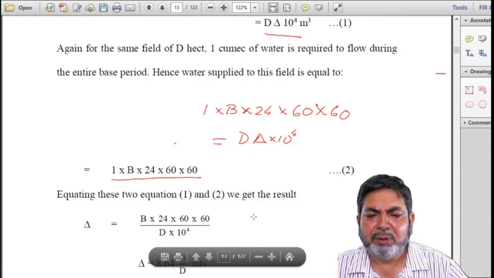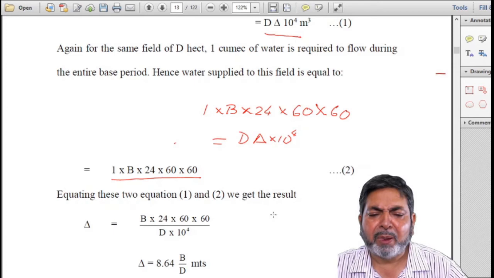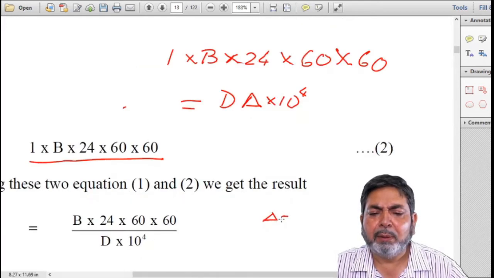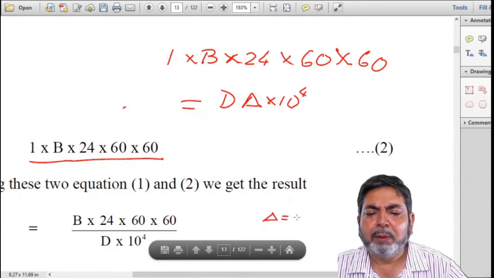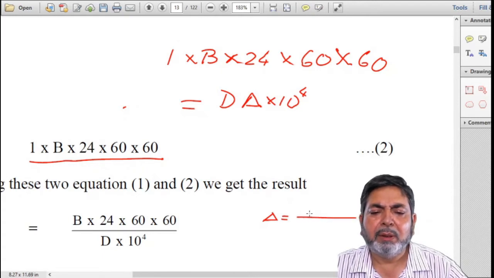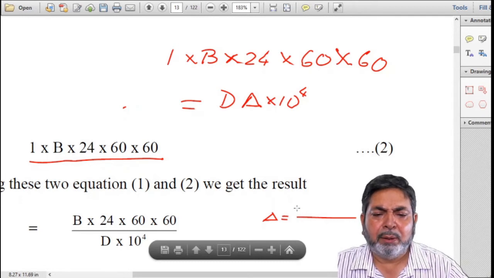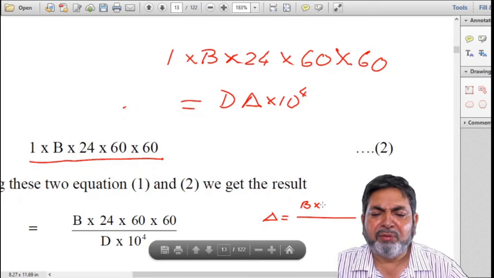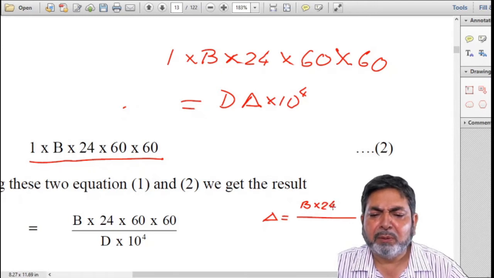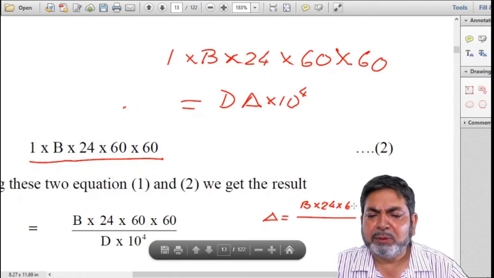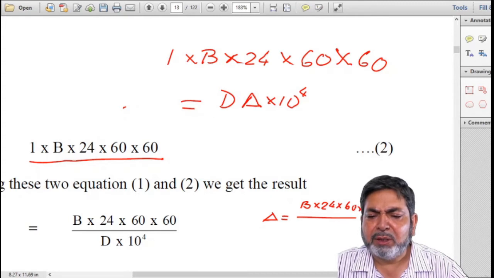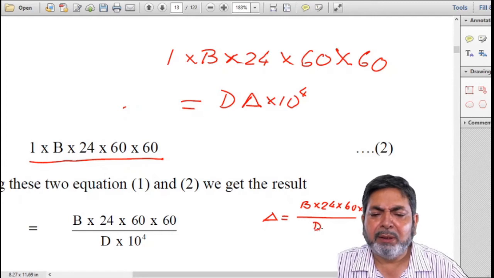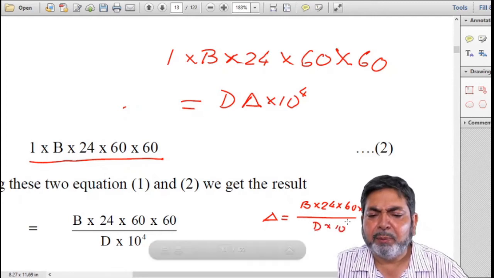So delta will be equal to, here you will be having B into 24 into 60 into 60, and in the denominator you will be having D into 10 to the power 4.